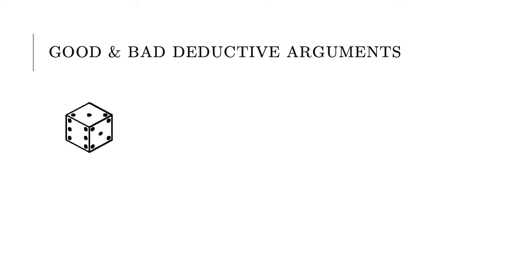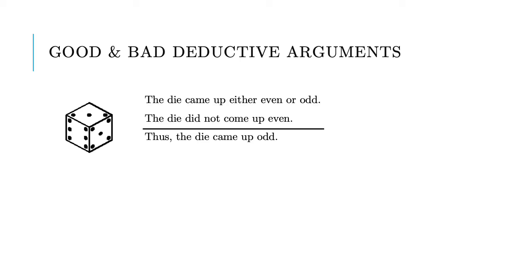For our setup, let's consider a fair six-sided die. In this case, we can observe that it has come up as a 3. Our first argument has as its premises: the die came up either even or odd, and the die did not come up even.